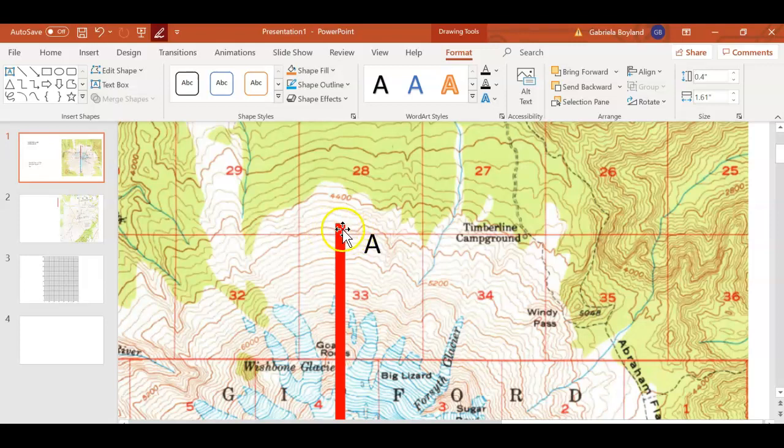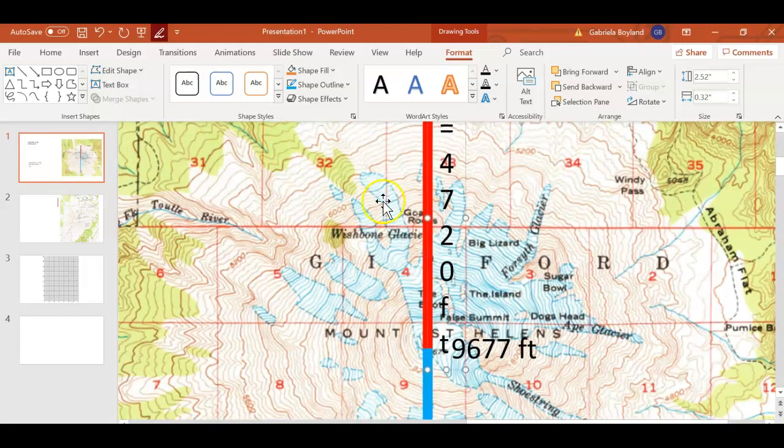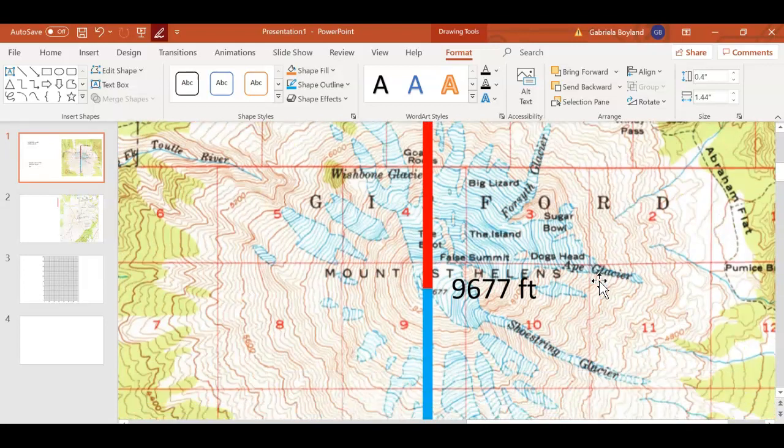So if this is 4800 and we go down an extra contour interval, remember the contour intervals are 80 feet, then I go from 4800 to, hopefully you're thinking, 4720 feet. So the elevation at A is 4720 feet.